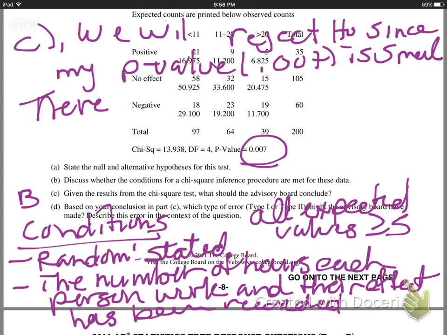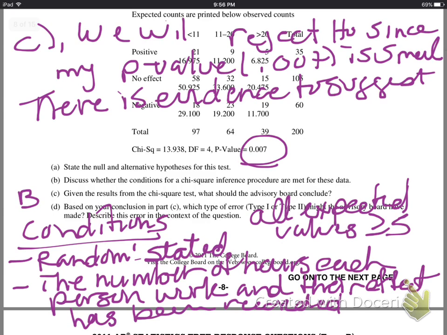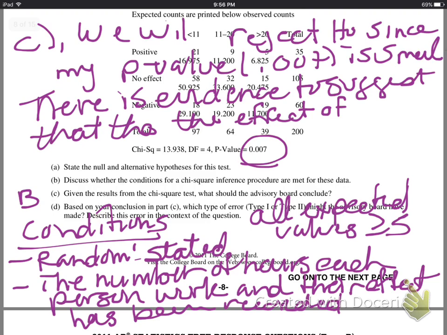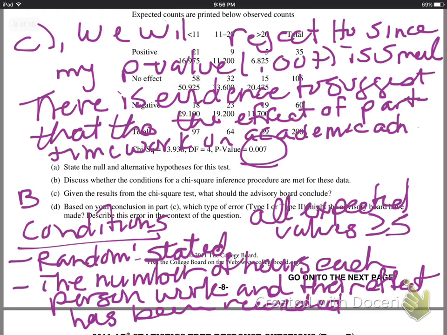Okay, there is evidence to suggest that the effect of part-time work on academic achievement is dependent on the number of hours worked.